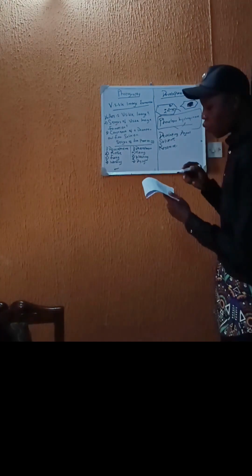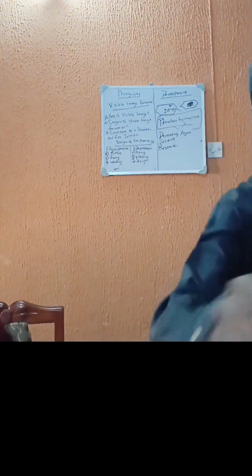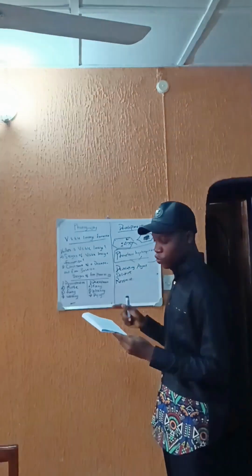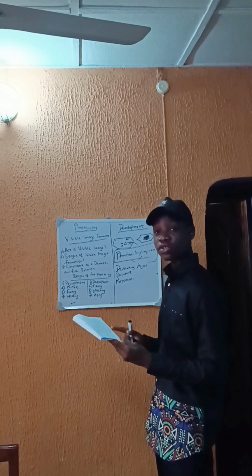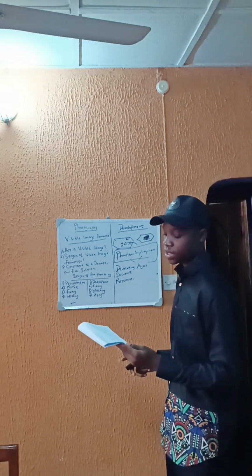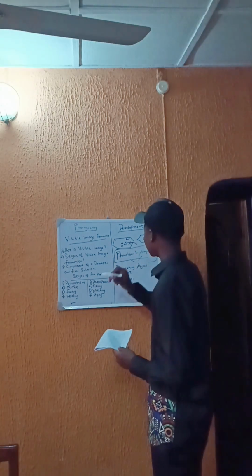Now, the restrainer prevents phenidone hydroquinone from acting on unexposed silver halides, thus preventing chemical fogging. So you understand what I'm saying now? I told you about bromine ion charges.